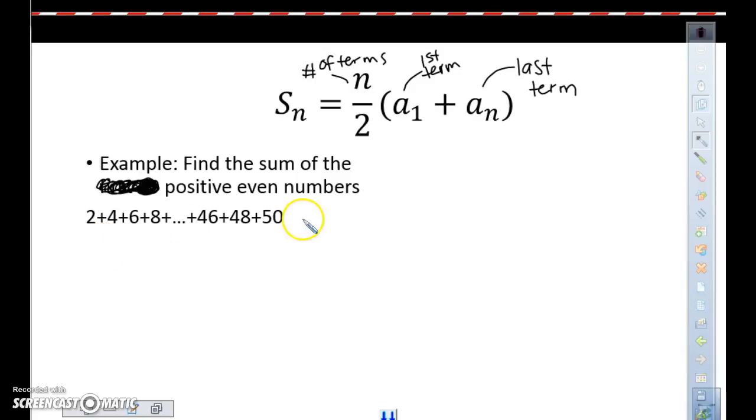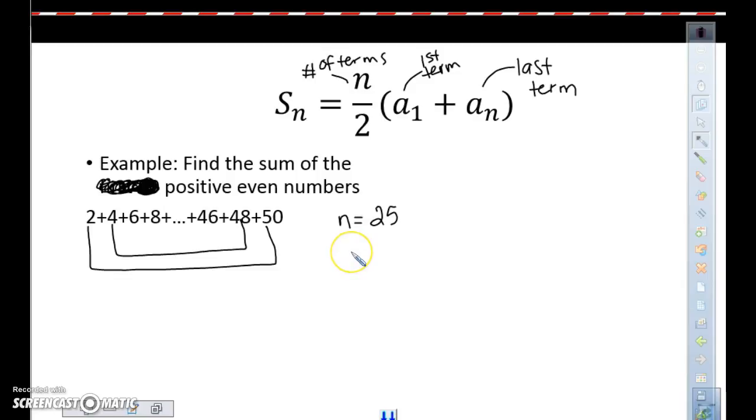We're going to find the sum of these positive even numbers. So again, if we think about how many pairs we would have, there's 25 numbers across, and each one of these pairs would be 52, 52, etc. So S of 25 terms is 25 over 2 times the first term plus the last.